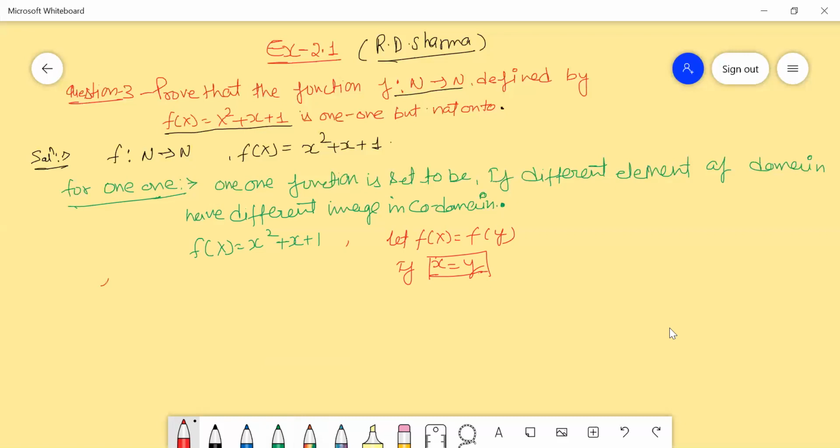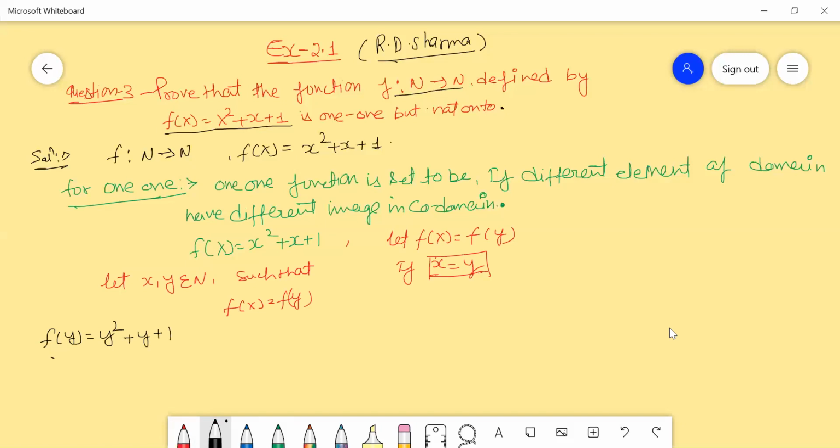So we start: let x, y belong to natural numbers such that f(x) equals f(y). Replacing x with y, f(y) is y square plus y plus 1.